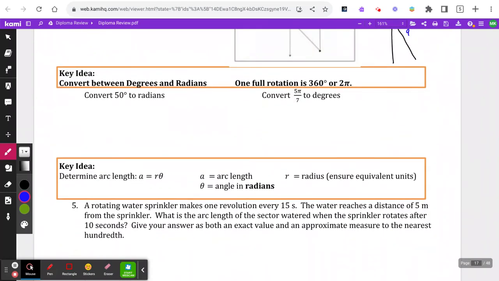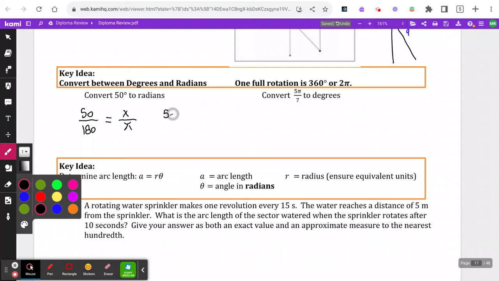All right, convert to radians, convert to degrees. I'm going to rip through this. So you go 2 fractions equal each other. 180 equals pi on the bottom. Put what you know on top of what's the same. This is going to convert to be 5 pi over 18 equals x. The other one, same idea.